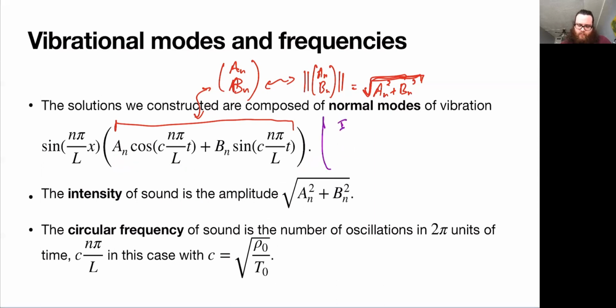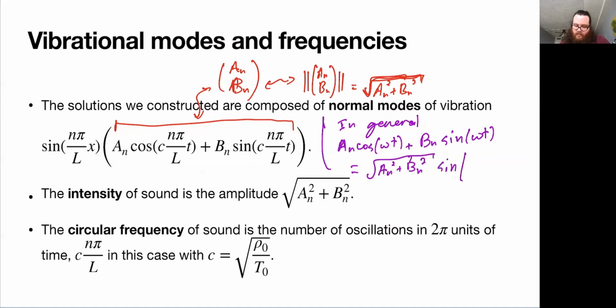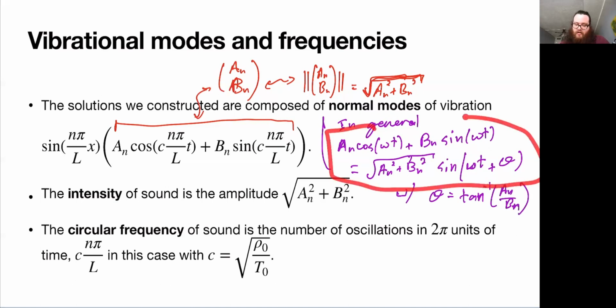So in general, if you have an expression of the form a sub n cosine of omega t plus b sub n sine of omega t, okay, which is pretty much what we have here, where omega is c n pi over L. So if you have an expression of this form, you can rewrite this as the square root of a sub n squared plus b sub n squared times sine of omega t plus theta, where theta is, let's see, arctan of a sub n over b sub n. Okay. So this right here, this is a trig identity.